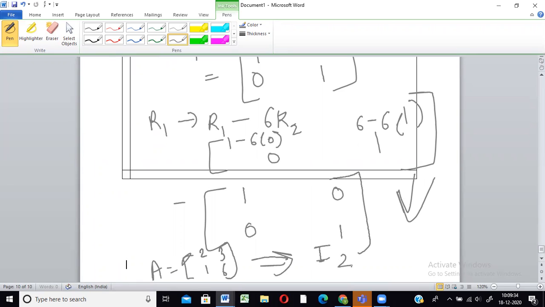To be more precise, you write it as I2 because identity of course means 1 in the diagonals and 0 in the non-diagonal place. But order 2 है तो we write it as I2, order 3 है तो mostly we write it I3. So either it is just identity written, I लिखा है, that is also okay. 1 0 0 1. Okay.